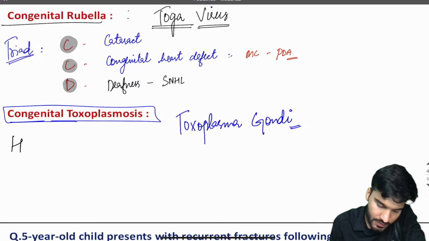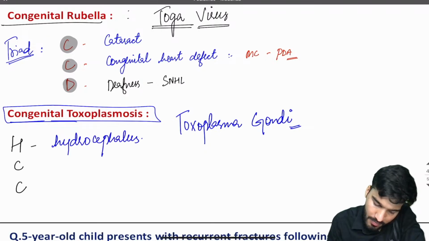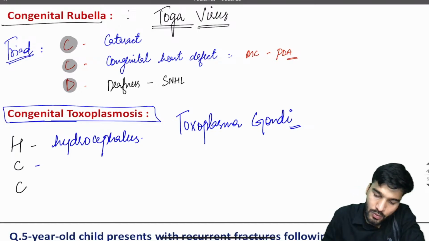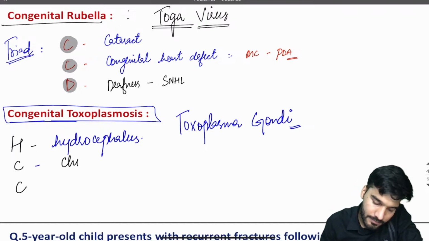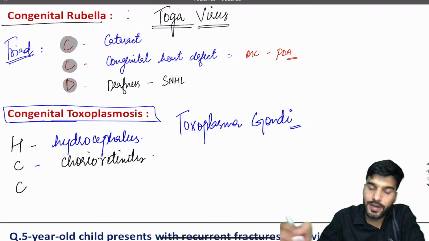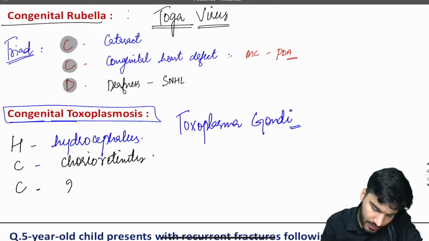Remember H, C and C: H is hydrocephalus, C is chorioretinitis, and C is intracranial calcification.